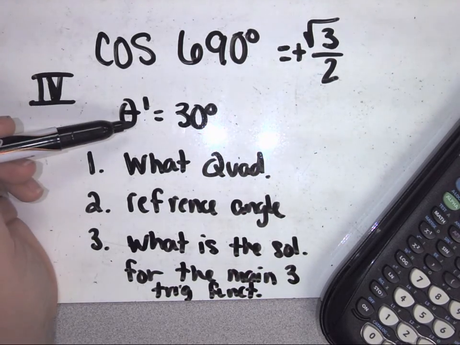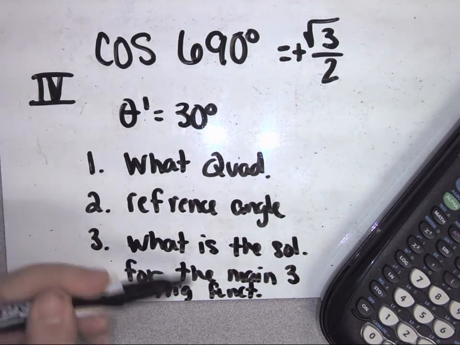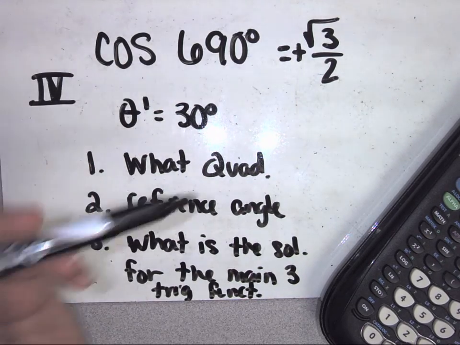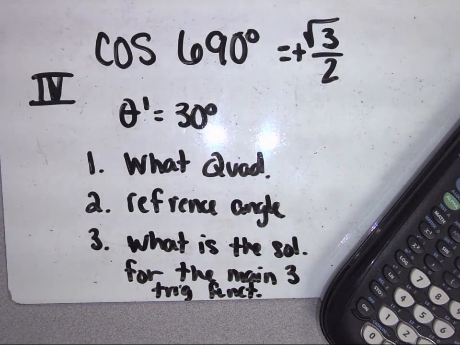What's the reference angle? What would be the solution for the main trig function? And the last step is it positive or negative based on that quadrant? That would be step 4. Obviously, if it's not cosine, sine, or tangent, then you're going to have to convert it to do the inverse. Those are the questions you ask yourself every time you do these.